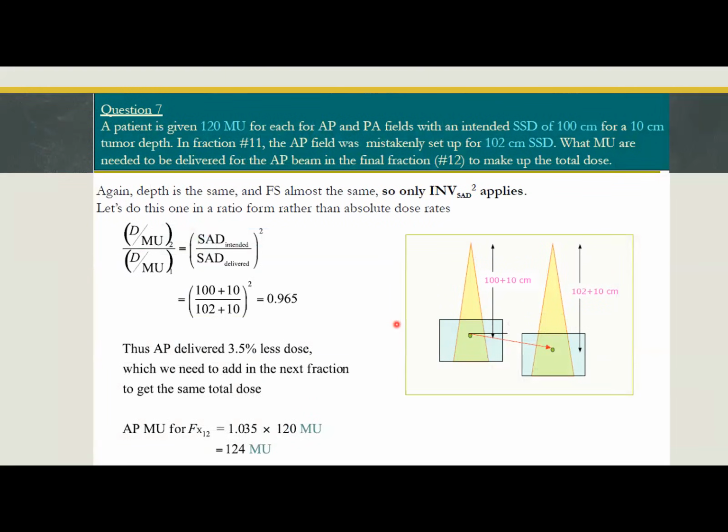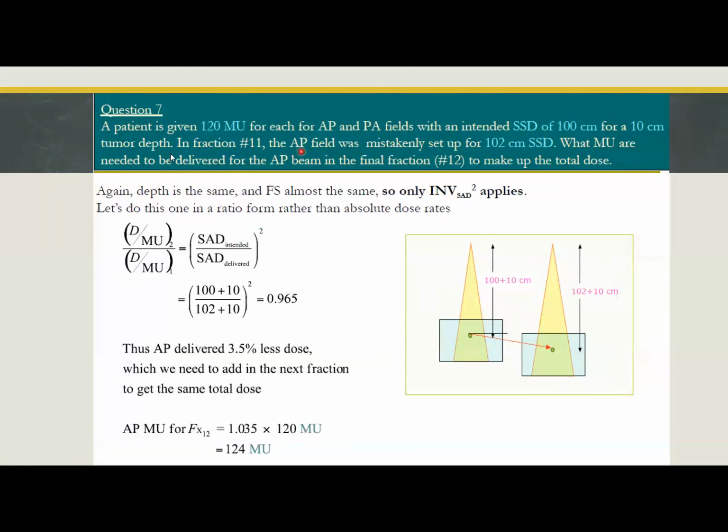A patient is given 120 MU for each AP field with an intended SSD of 100 cm for a 10 cm tumor depth. So it's an SSD setup, AP/PA field. This is a clinical situation. A mistake was made during the treatment in one of the fractions: the patient was treated with 1 or 2 cm SSD error.